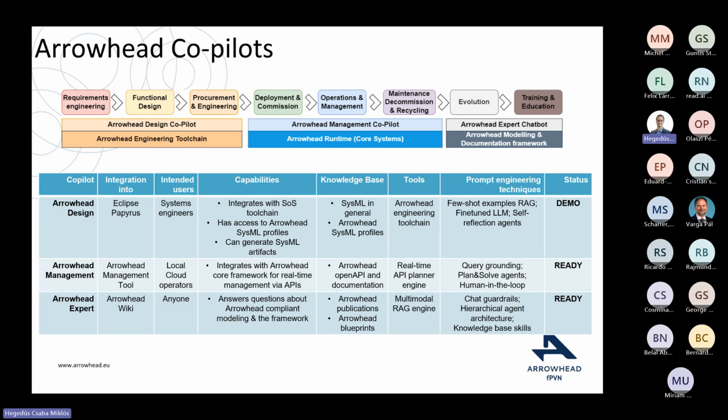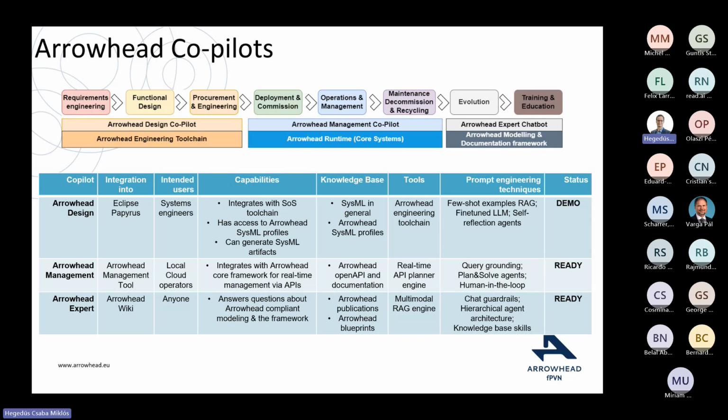There is a second feature to the chatbot that we call a planner engine, which is essentially a reasoning engine that has access to Arrowhead core systems in real time via APIs. The planner engine is able to solve more complicated queries via natural language.